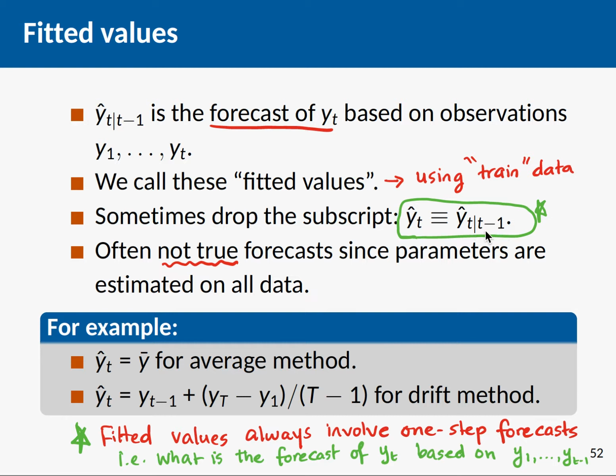One step ahead meaning that if we are at period t minus 1, and we have all the information on y up till t minus 1, we are trying to estimate what is y in period t. So the fitted value is always going to embody the information until t minus 1. In that way, it is a one step ahead forecast. And you'll be able to see this better when we talk about a graph.